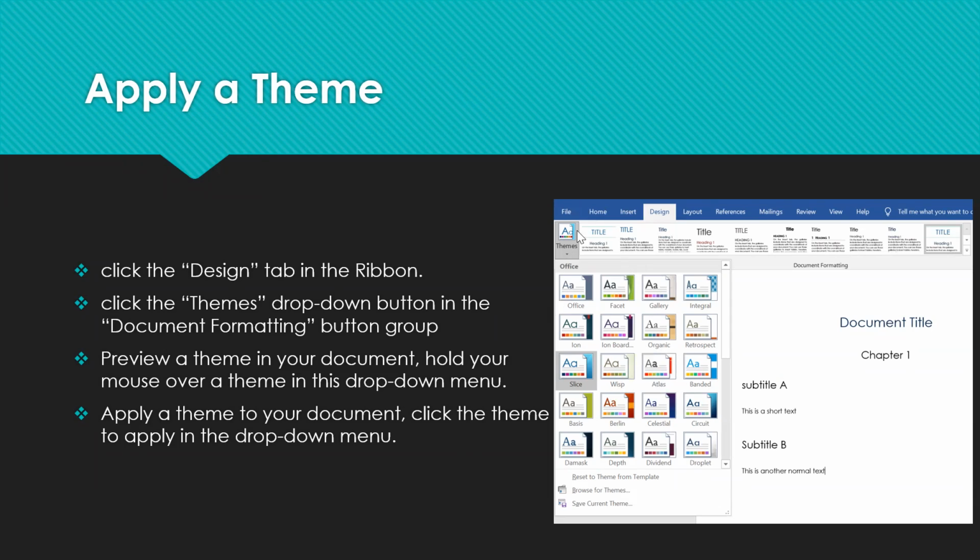Themes are under this drop down, and you can see all these combinations here. When you hover over a theme, you can have a preview of how the theme works. To apply a theme, we can choose one and just click to apply it. So this is how we apply a theme.